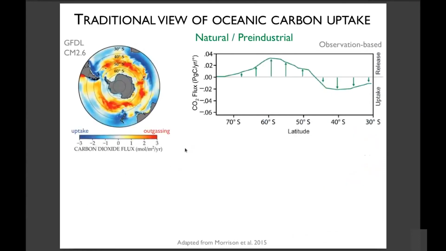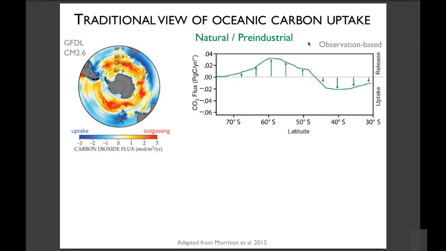Okay, so that's the traditional view of the circulation, and this is how it impacts the surface fluxes and the carbon uptake in the Southern Ocean. This is based on some model runs using pre-industrial forcing, in the plot on the left, and a zonally averaged picture is shown on the side. You see that in the natural or pre-industrial carbon fluxes, you get a lot of outgassing where this upwelled deep water reaches the surface and brings all that natural DIC back up.